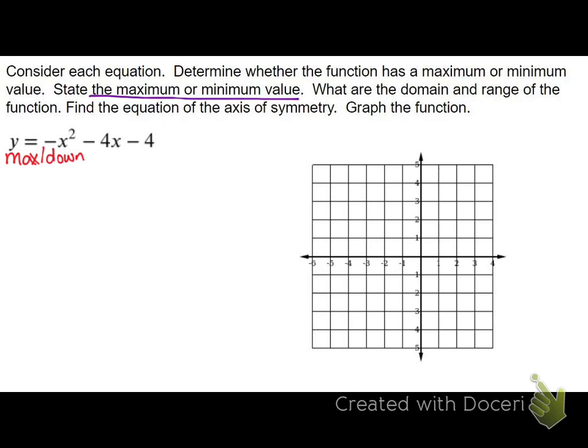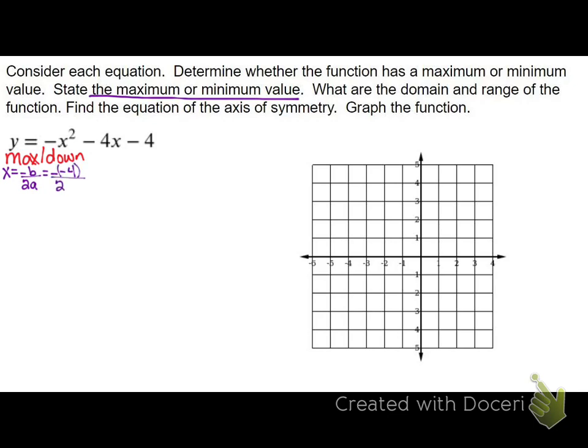Okay, so I don't have the x or the y value. So I'm going to have to find the x value and the y value in order to get an ordered pair. So at first I'm going to find the x value. How do I find the x value? You do x equals negative b over 2a, which gives me the axis of symmetry. So what do I substitute for my b? Negative 4.